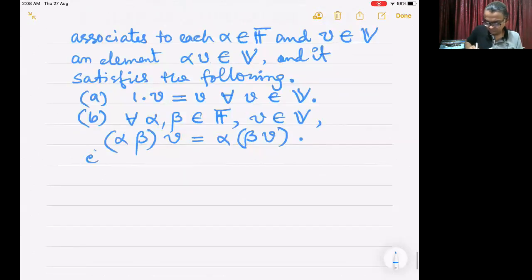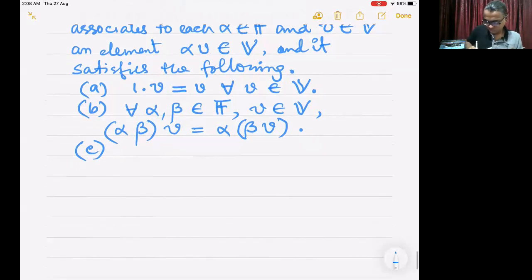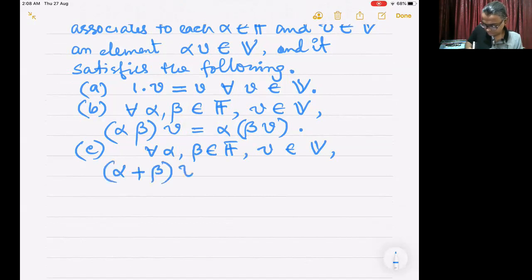C. So there are two operations. Just like before for fields, we have to define how the two operations play out with respect to each other. So for all alpha, beta in F and v in V, we have (alpha plus beta) over the field scalar multiplied with v is the same as alpha v plus, over the vector space now, beta v.